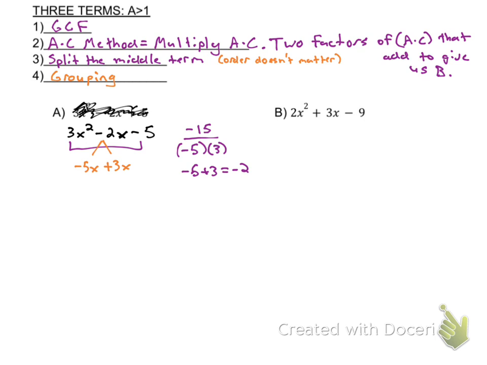That could be 3x minus 5x. It doesn't have to be negative 5x plus 3x. That order does not matter. We bring down the negative 5. We bring down the 3x squared.